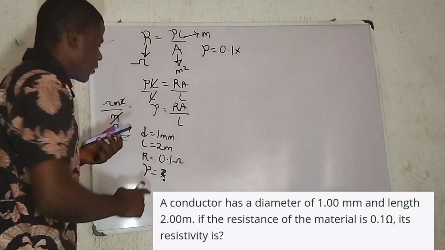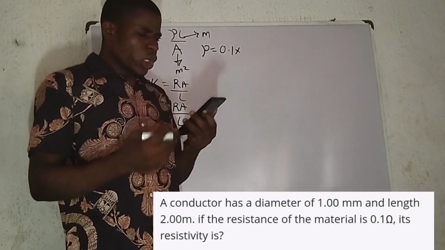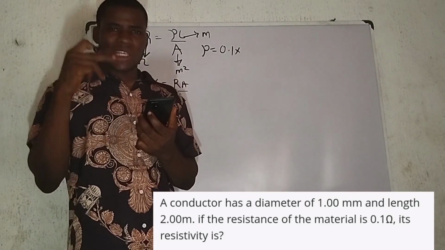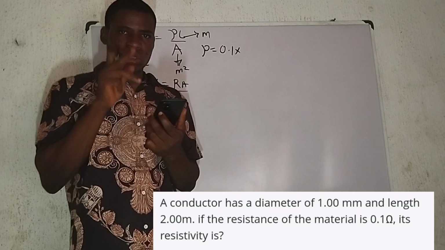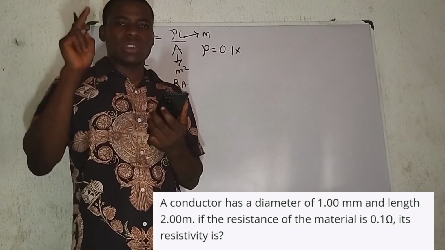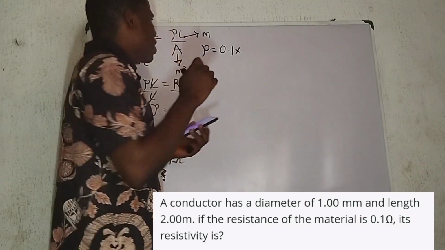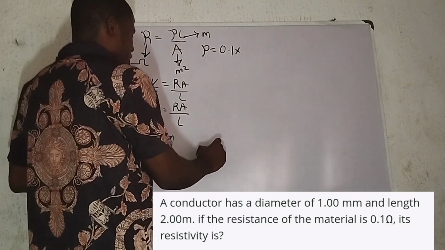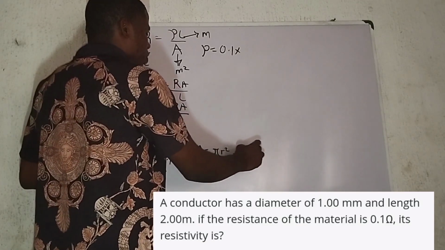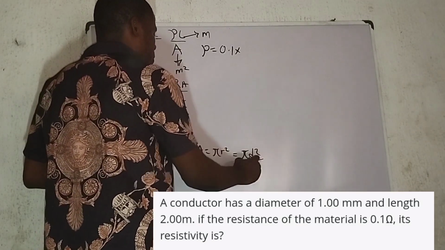Now, do we have any area? The conductor is just like a wire, something circular, right? So the area will be the area of the circle. Now, what's the formula for the area of a circle? It is pi r squared, or you say pi d squared all over 4.